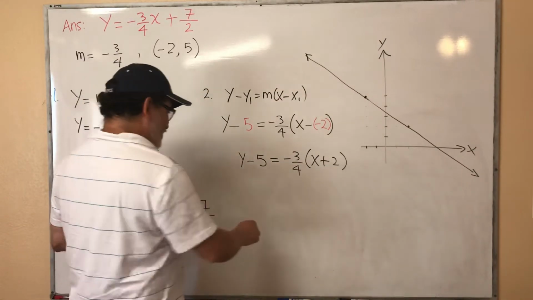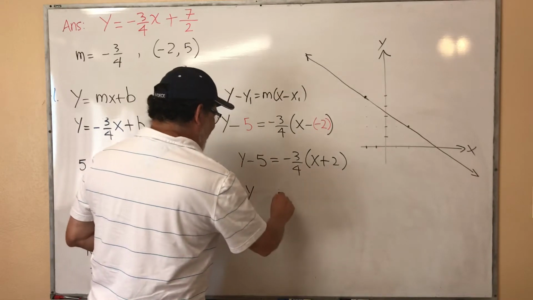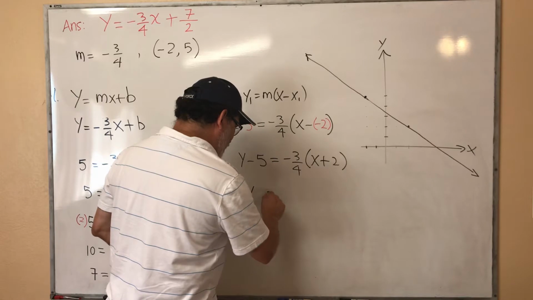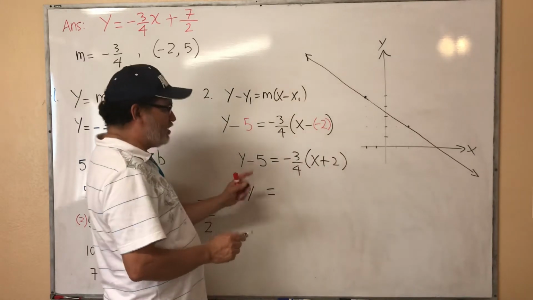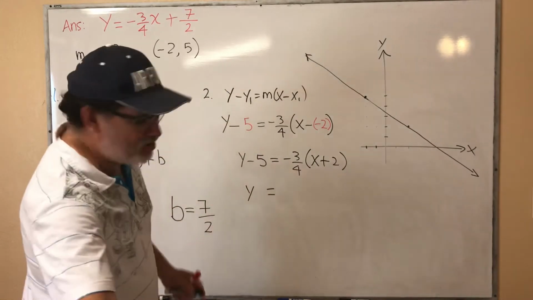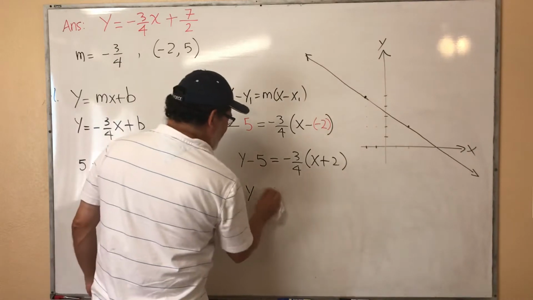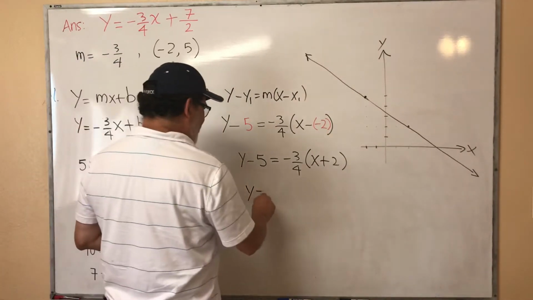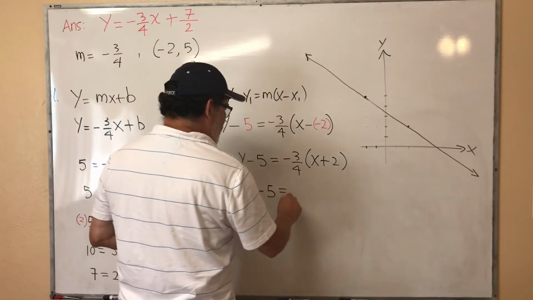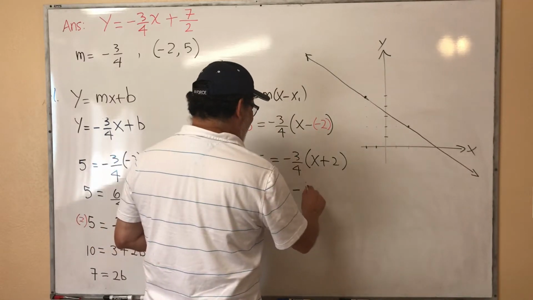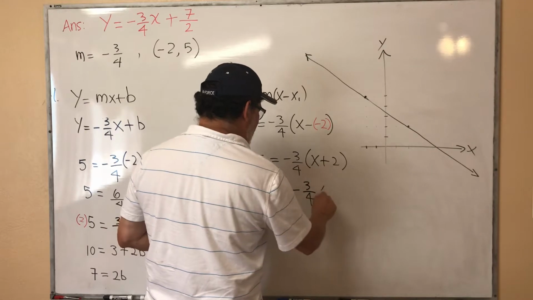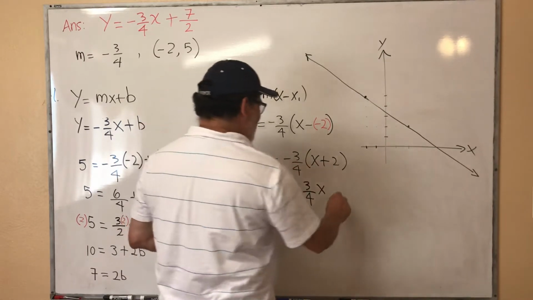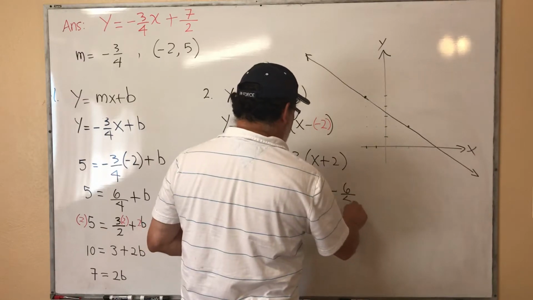Let me distribute first, a step at a time. So y minus 5 equals negative 3/4 x. And what's a negative times a positive? Minus 6/4.